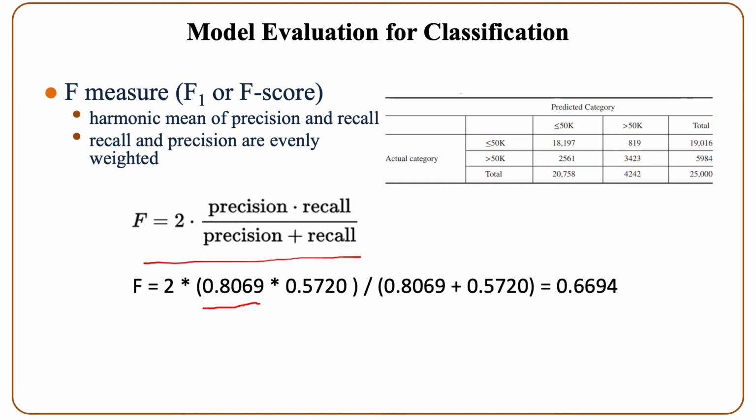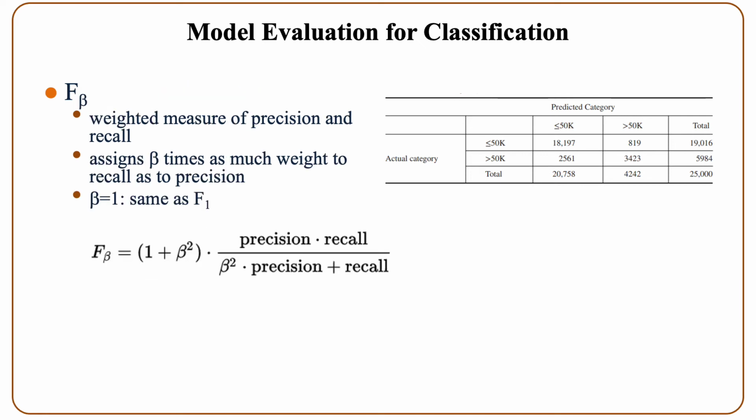From the precision and recall previously calculated, we can get the F measure or F score, which is about 66.9%. Another measure is F beta. F beta is a weighted measure of precision and recall. It basically assigns beta times as much weight to recall as to precision. In the case beta is 1, then it is just the same as F1.